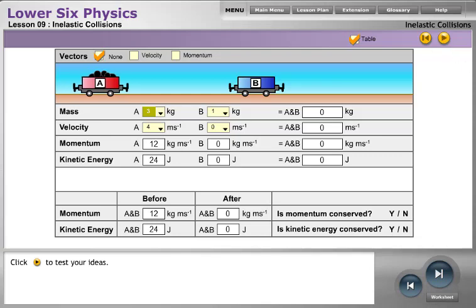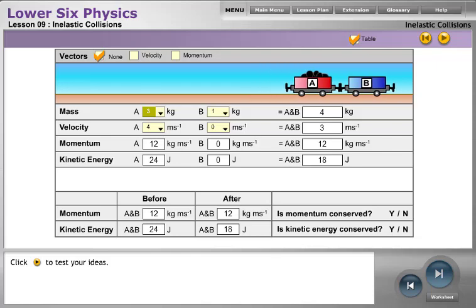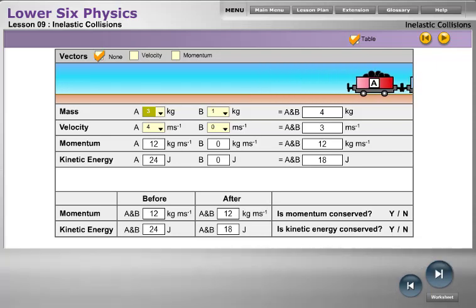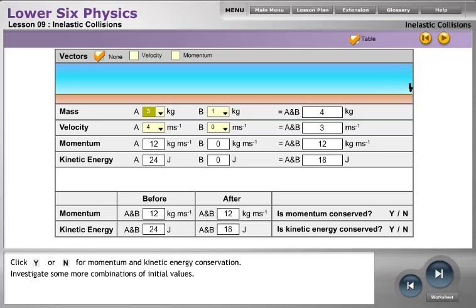Click Start to test your ideas. Click Yes or No for momentum and kinetic energy conservation. Investigate some more combinations of initial values.